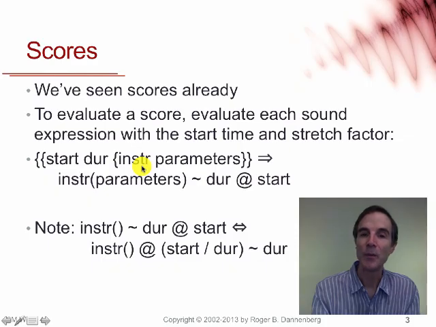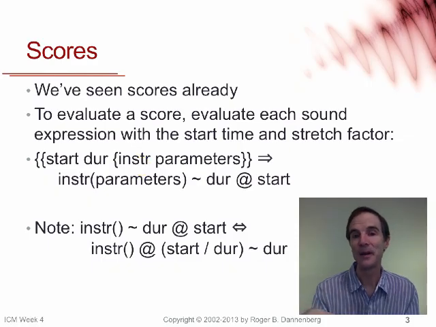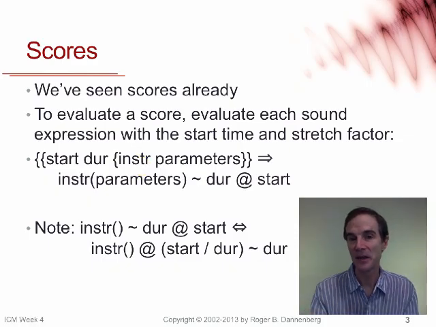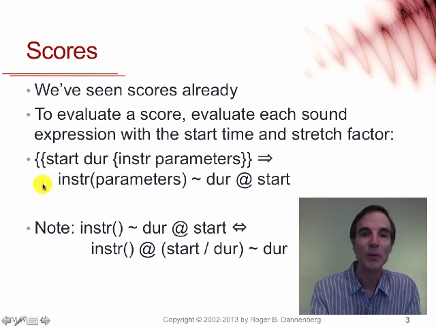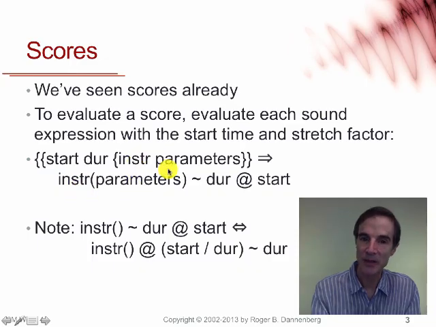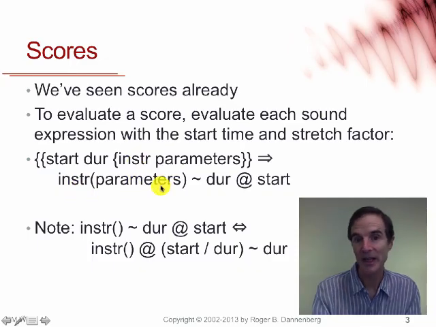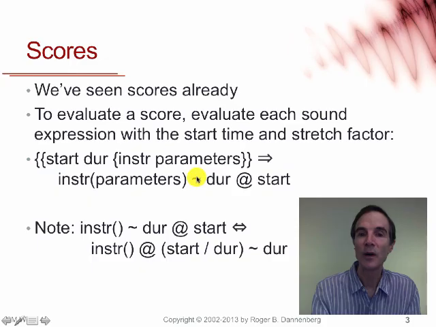So we can now talk about what that means in terms of our temporal operators. What this means is we evaluate the instrument applied to the parameters, as a function call or a behavior instance, under an environment where we have stretched by the duration and we have shifted by the start time.